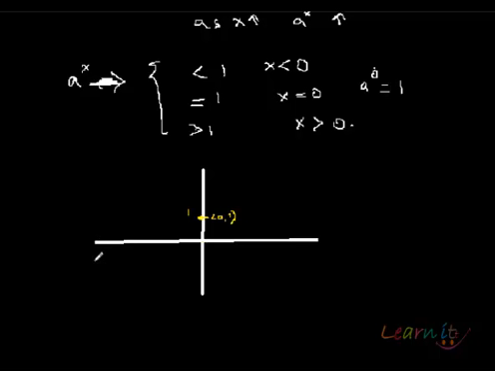Why (0, 1)? Because when x is 0, y is 1, a to the power x is 1. Now, as I said, with x increasing, a to the power x will be increasing because a is positive. So this is what the function will look like.